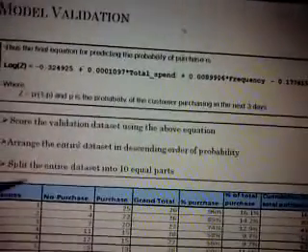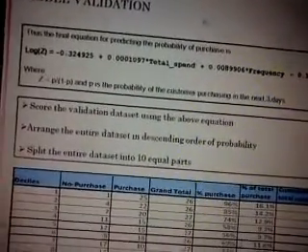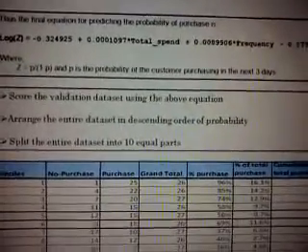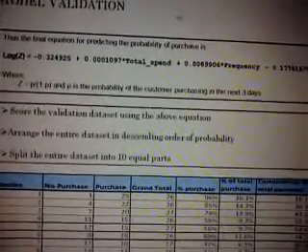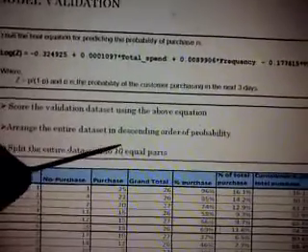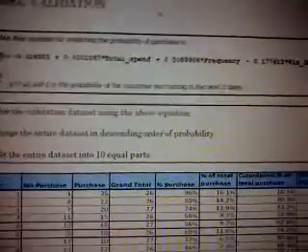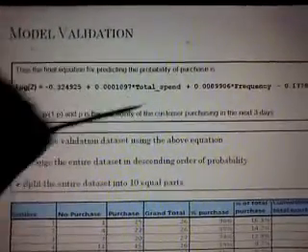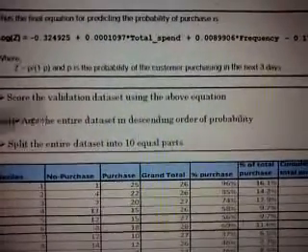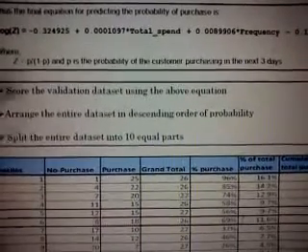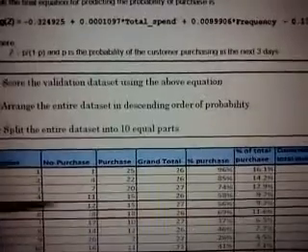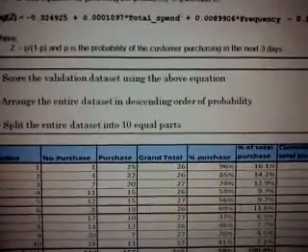We used this score on the validation dataset, using the above equation. We arranged the entire dataset of those 265 individuals in descending order of probability, so that customers were arranged in descending order of their probability of making a purchase.